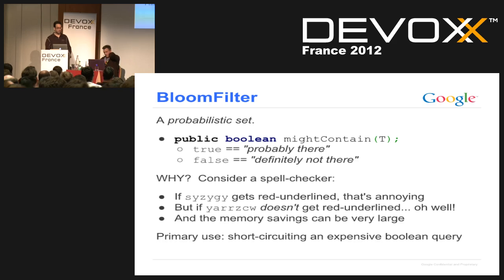And the one other use, which is really much more common, is simply as an optimization. Let's say that you have a very expensive Boolean query. It's going to return true or false, but it's going to take a really long time to do it, or consume a lot of resources just to come up with this true or false value.